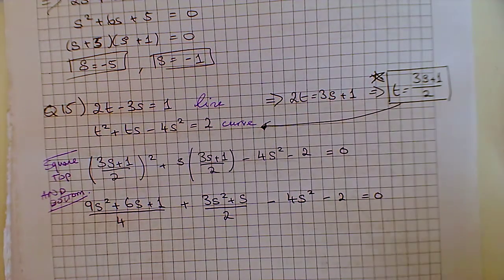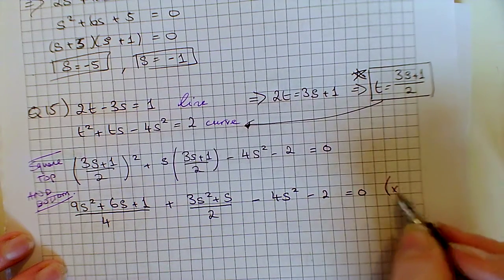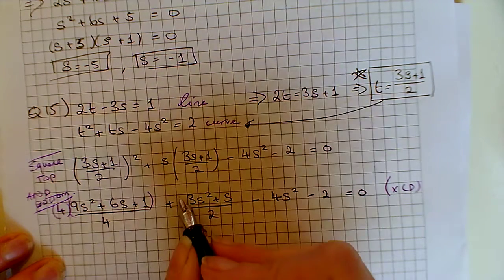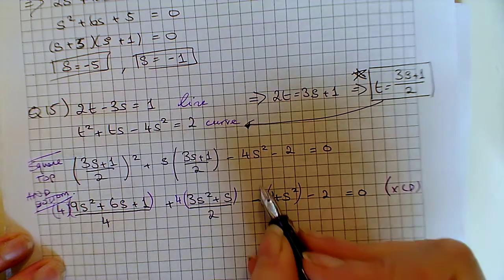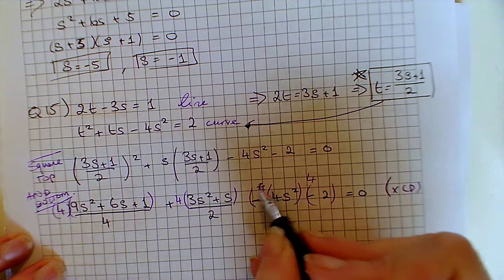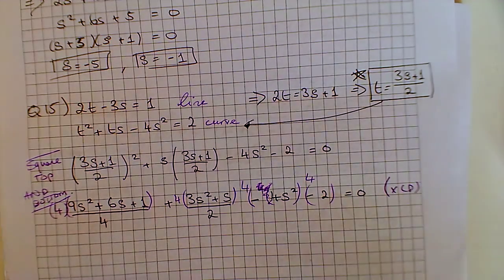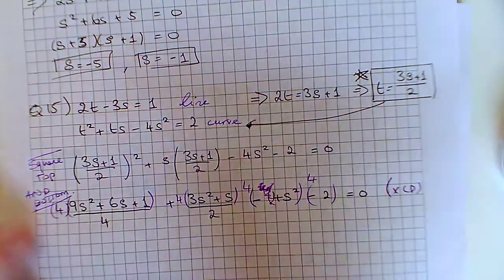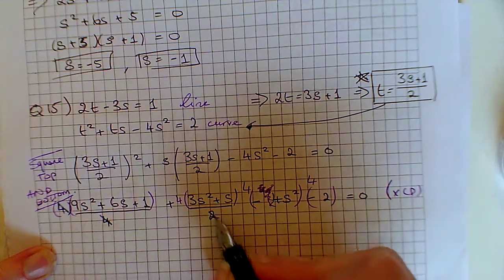And now I must deal with those fractions, and what I do is I multiply across by my common denominator. So I multiply here by 4, I multiply here by 4, I multiply this by 4, and I multiply this by 4. That should have been outside the brackets. So everything gets multiplied, every single term gets multiplied by 4. What happens then is that in the terms where I have a fraction, it divides in.